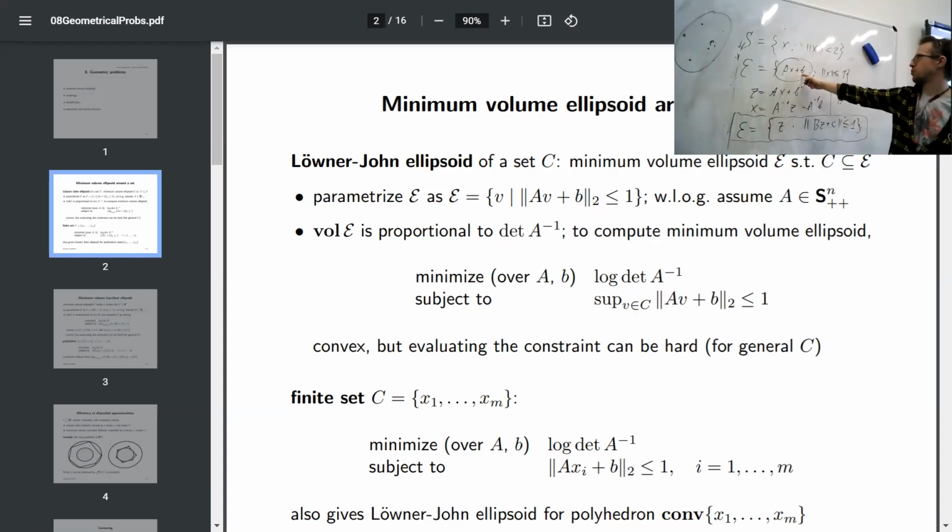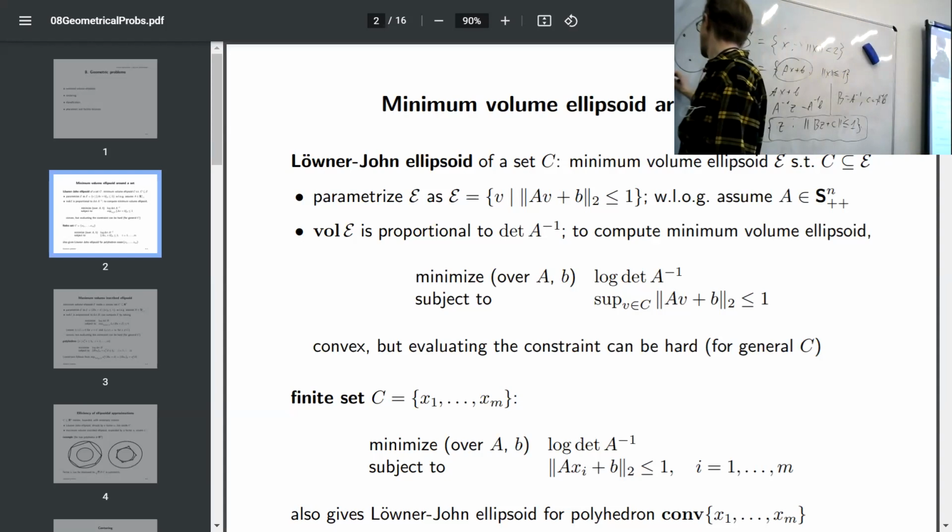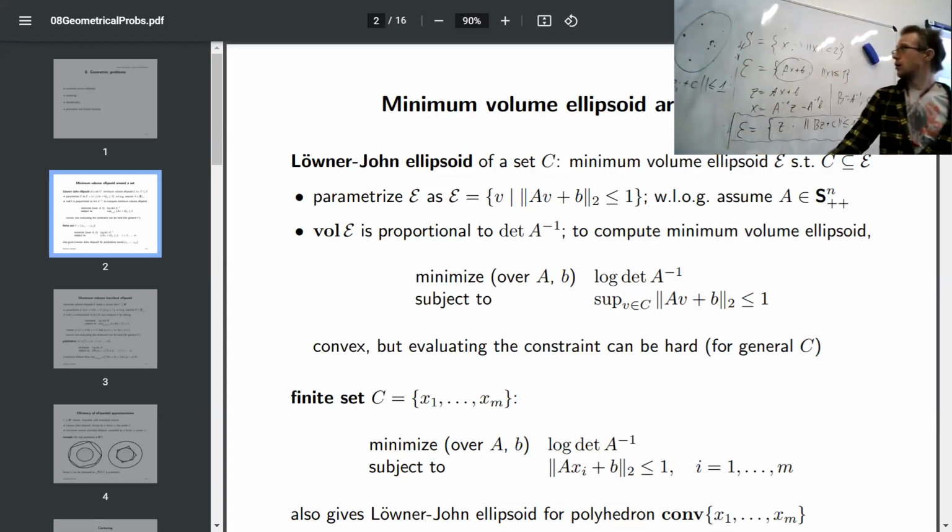Because with the other representation, the problem is you cannot check if the point is inside this set or not, right? How do you check it? Here it is very easy to check. This is the condition. As long as this condition is satisfied, all is good. So let's use this representation. So we just need to check that B r_i plus c is less than or equal to 1 for this problem. But what is the cost function? Well, we want to minimize the volume.